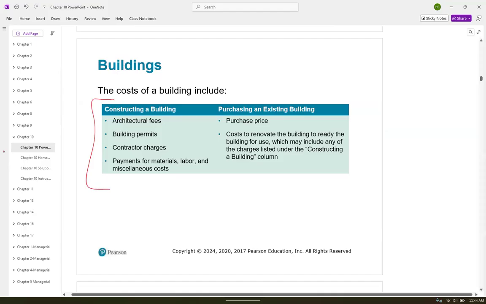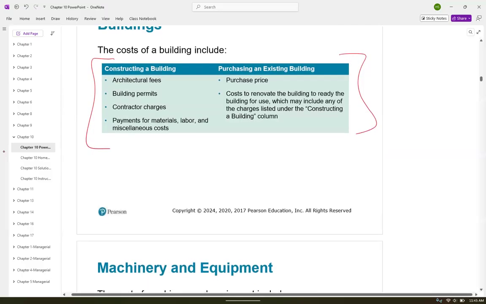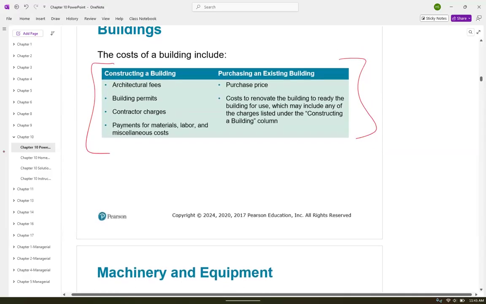Payments for materials, labor, and miscellaneous costs. You could just purchase it. Okay, you could just purchase the building and then renovate the building and get it ready for use, which everything in the renovation would go into constructing a building and then probably eventually moved over to the building category.